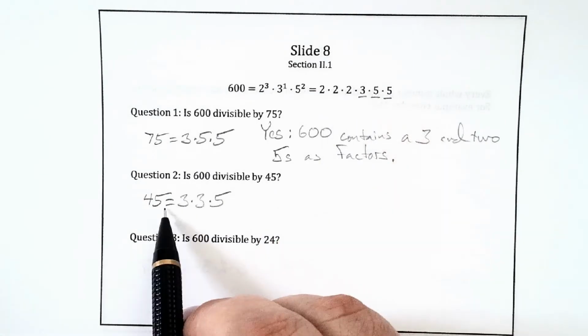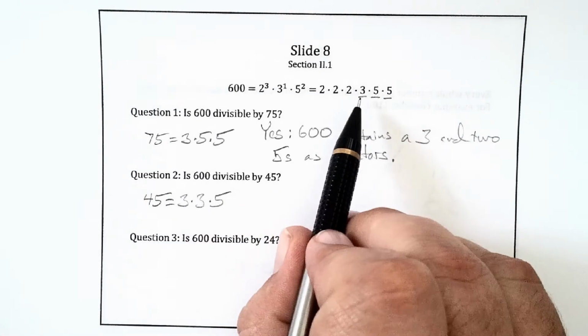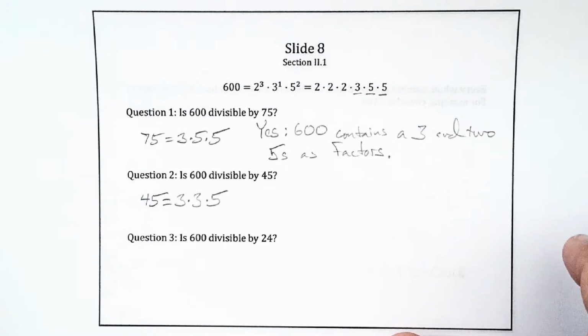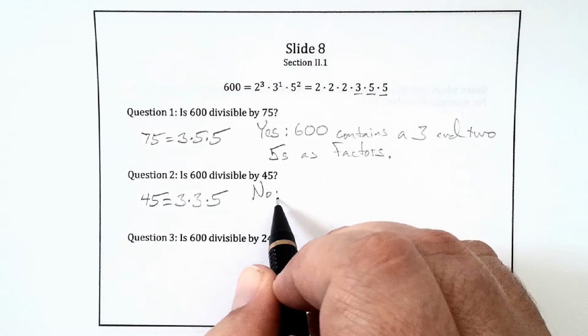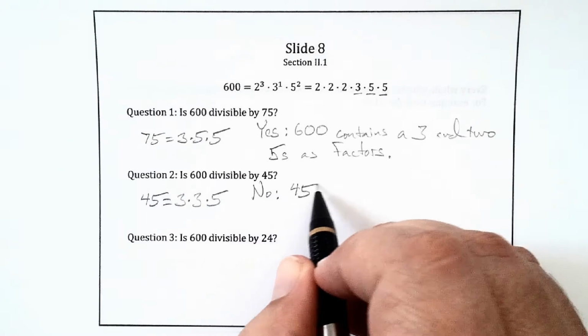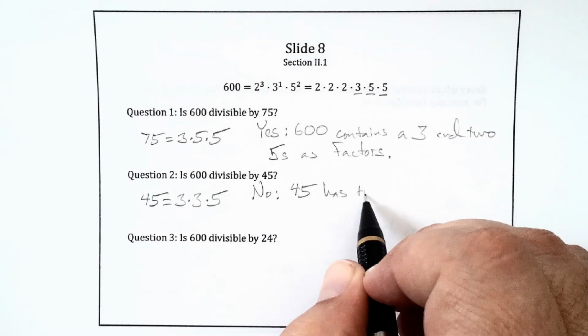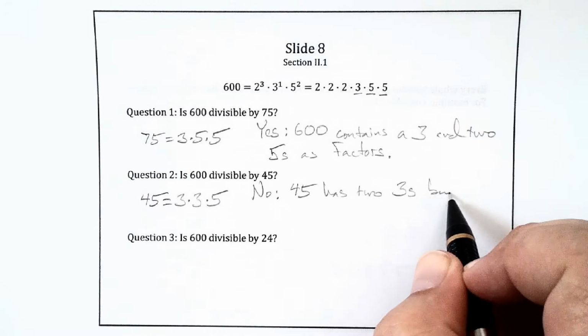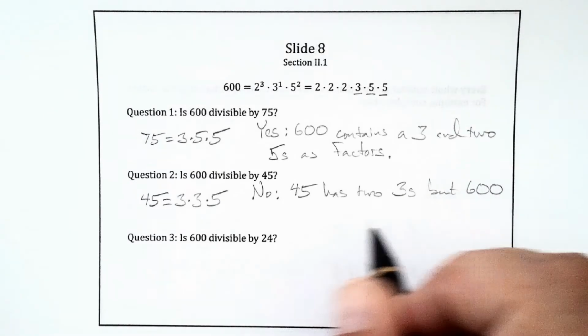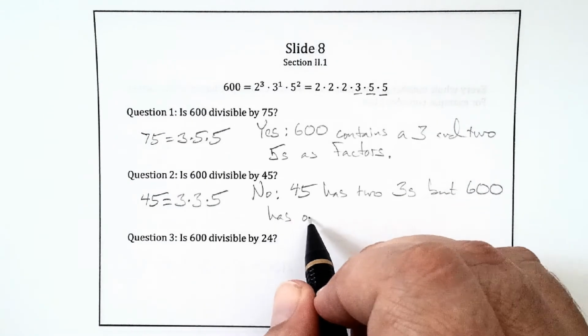But 45 has 2 3s, and 600 only has 1. So the answer here is no, because 45 has 2 3s, but 600 has only 1.